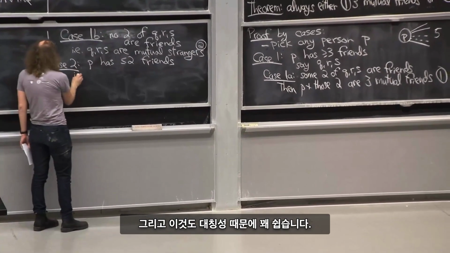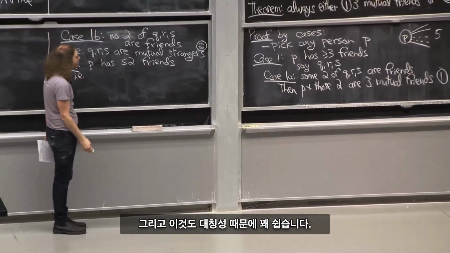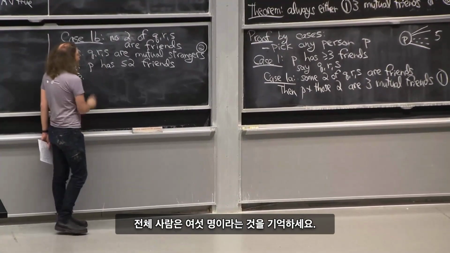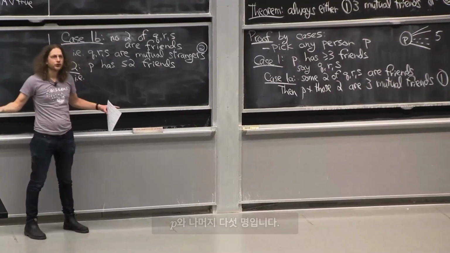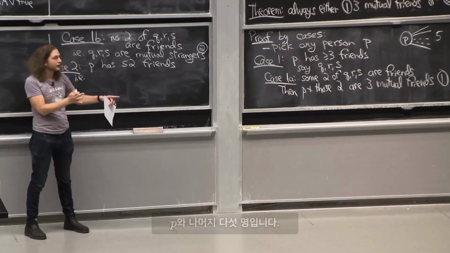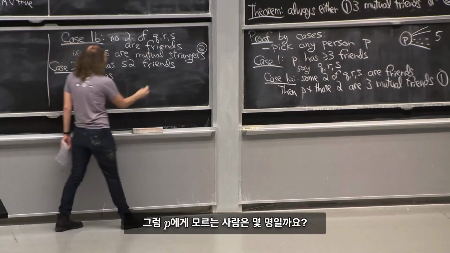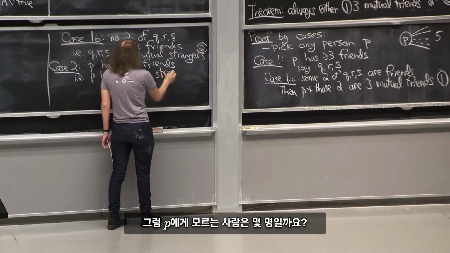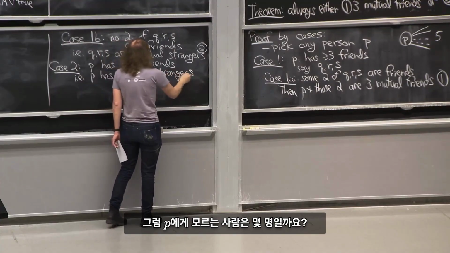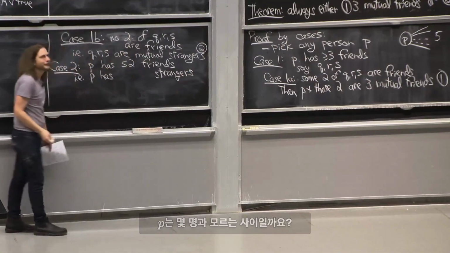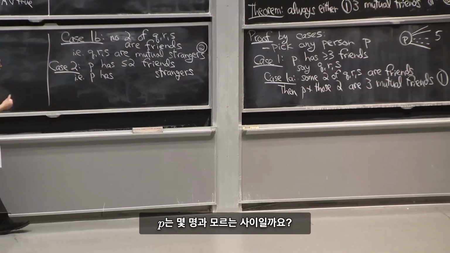And it turns out that is also kind of easy for a symmetric reason. Remember, there are 6 people total. So there's P and 5 others. So how many strangers is P with? Or how many people is P a stranger to?